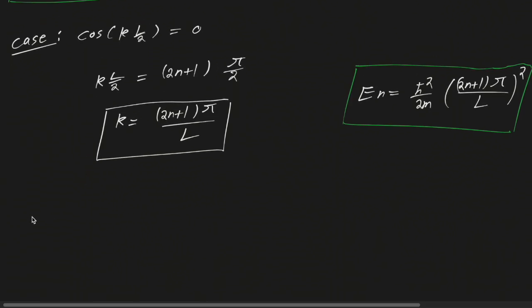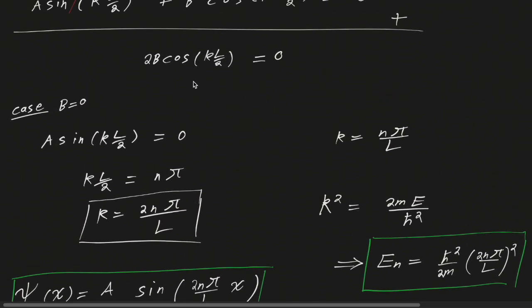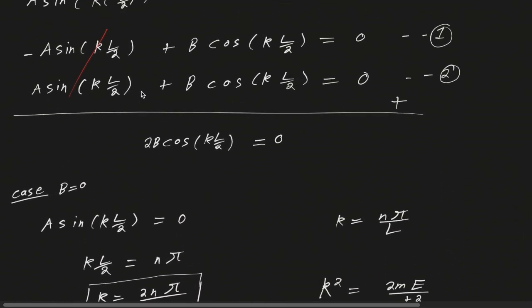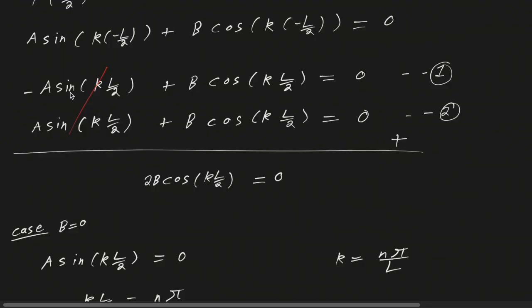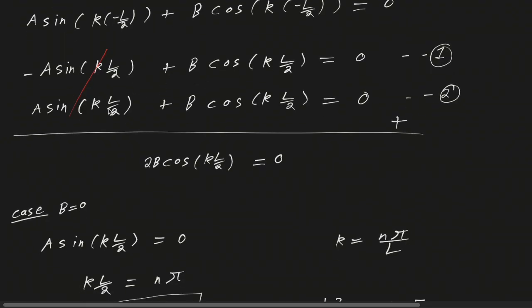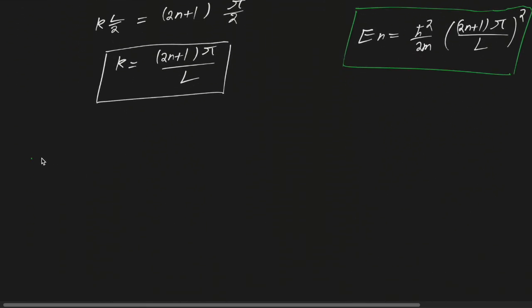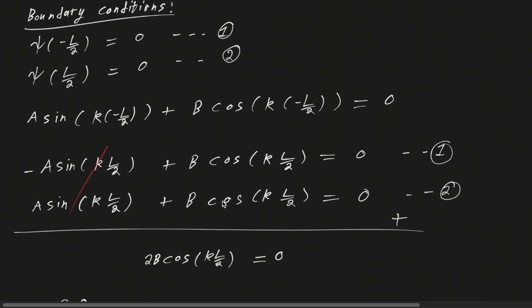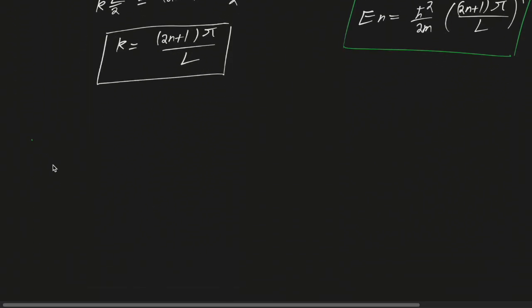So now we have psi n, since cosine kL over 2 is equal to 0, that means a sine kL over 2 must also equal to 0. Because from this equation, b is different from 0, but cosine kL over 2 is equal to 0, then a sine kL over 2 must also equal to 0.